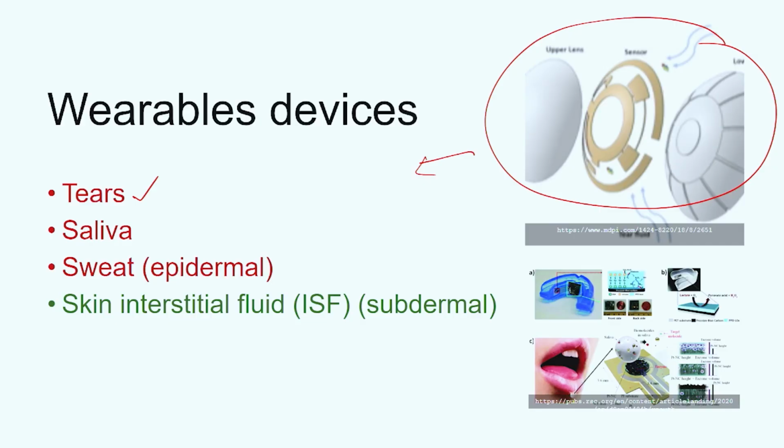You can have sensors incorporated in them, and that can be used for monitoring glucose, lactate, and even cortisol and other stress hormones in the saliva. And then we already saw examples of sweat, which we discussed as epidermal sensors, and the skin interstitial fluid, which falls in the category for the biological matrix for subdermal sensors.